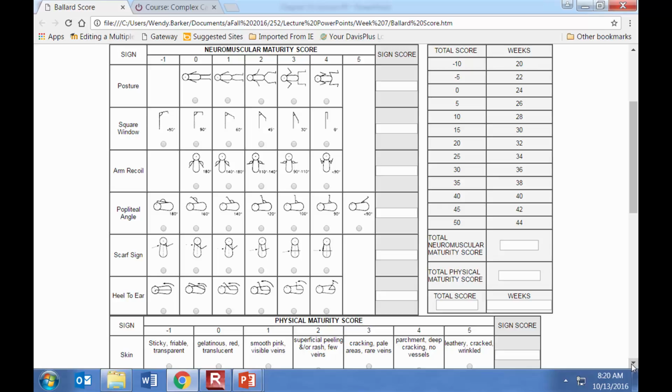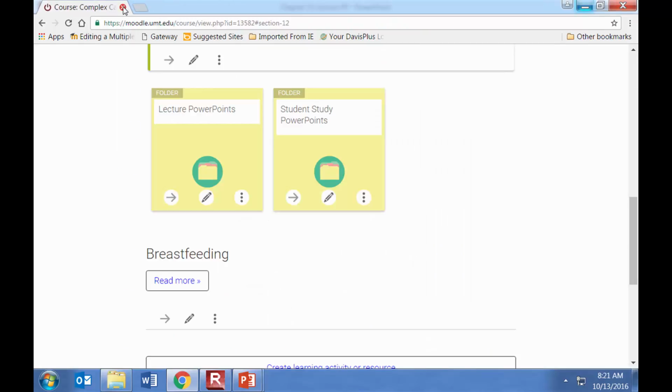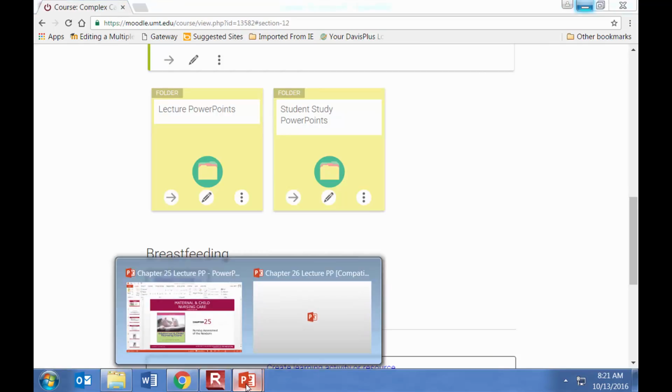So that's how we do the Ballard score. They call it Ballard. They call it Dubowitz gestational age assessment. Okay. Now again, we don't typically do these routinely.